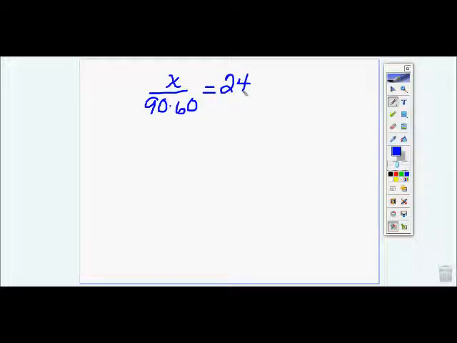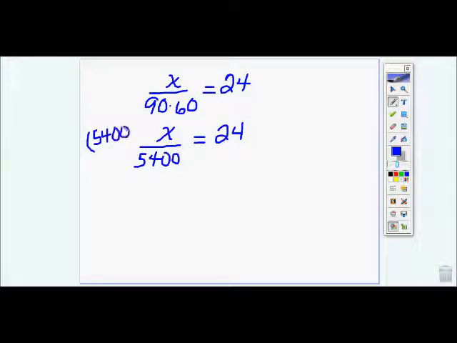So to solve this, first I'd have to simplify. So I would have x over 5,400 equals 24. I want to get x by itself, or solve for a single x, so I don't want it to be divided by 5,400. I'm going to multiply, because that will give me my isolated x.